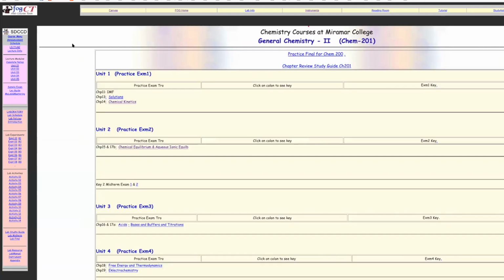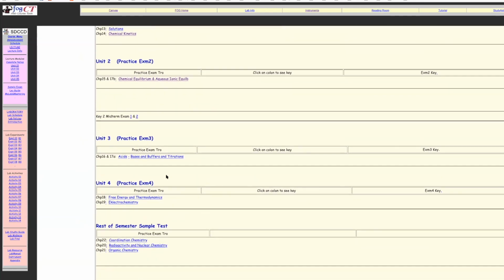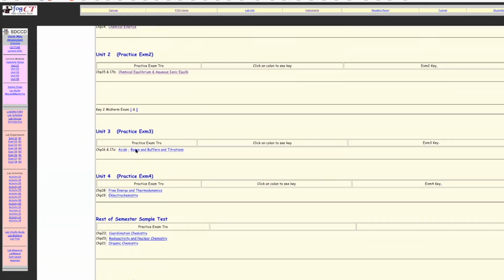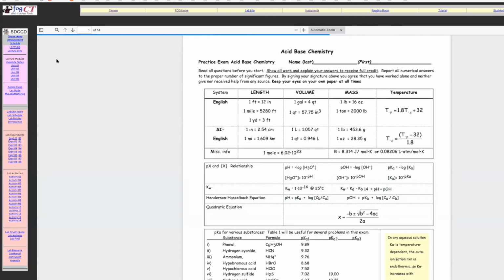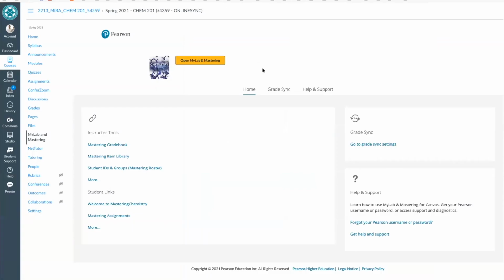So again, not obvious. My website is sort of encrypted in certain ways. For the acid-base chemistry, the solutions right here, it's the dash, not the colon. Okay, so again, those are resources that you guys can take advantage of.